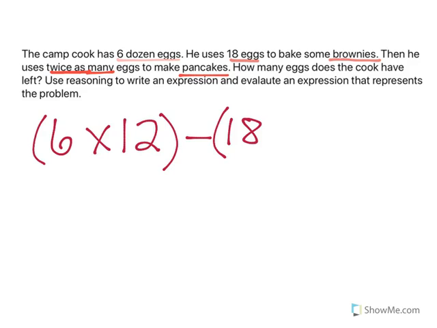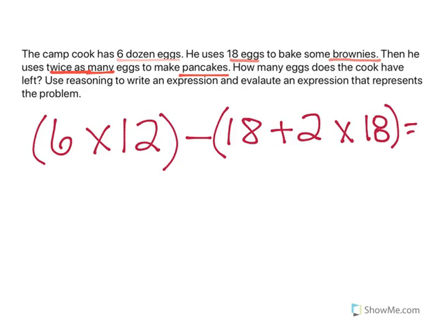Sorry, that sounded confusing in words, but when I write it out, don't worry, I got you. So he used twice as many eggs to make the pancakes. So not only did he use the 18, he also used 2 times, or twice as many, of those eggs to make pancakes.